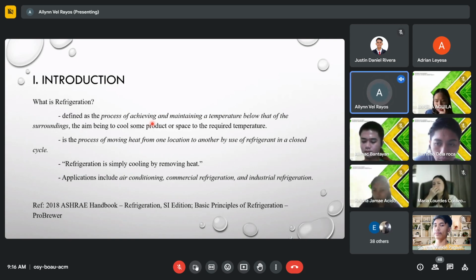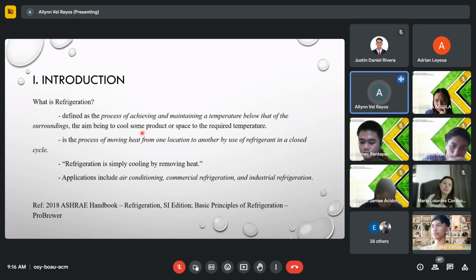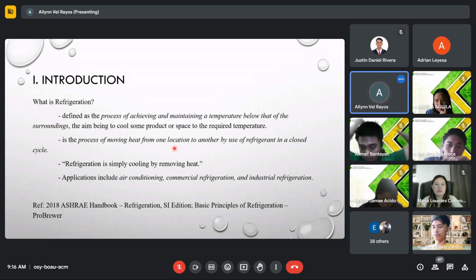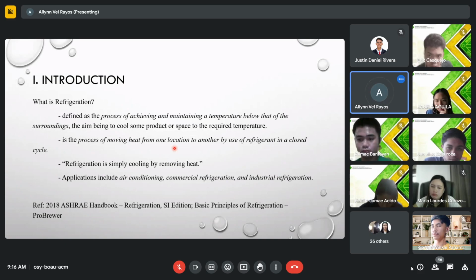So let us continue. Another definition of refrigeration is that it is a process of moving heat from one location to another by the use of a refrigerant in a closed cycle. One main example of this is the refrigerator in your home. If you put, for example, meat and other goods there, there will come a time that its temperature drops.